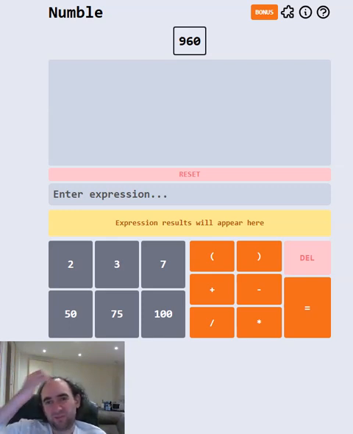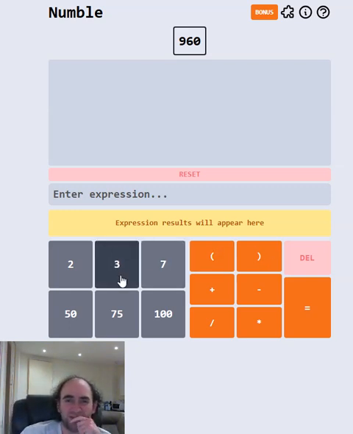What else do we want to do? Can we get to 320 to multiply by the 3? That's an interesting question. I don't know how we're going to get to 320 though, that's the thing. Like with these 3 big numbers, it's very easy to get multiples of 25, but quite difficult to get multiples of anything else.